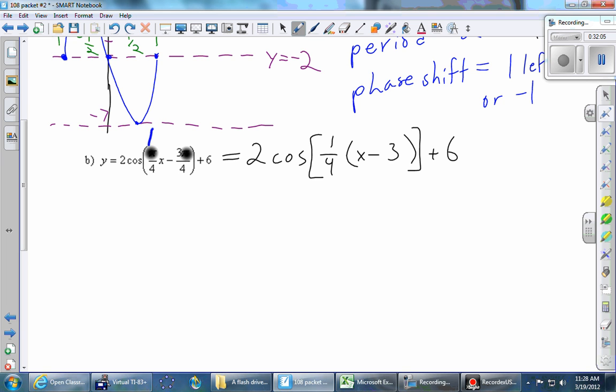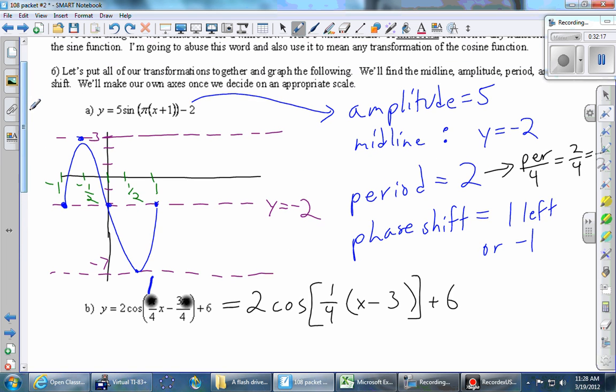So we factored out a quarter. Any problems getting x minus 3 in there? Okay, with your neighbors, can you run through the same vocabulary game that we played up here?